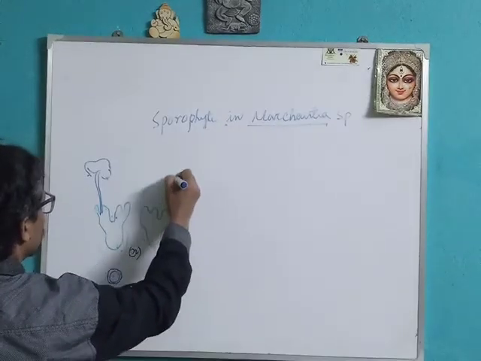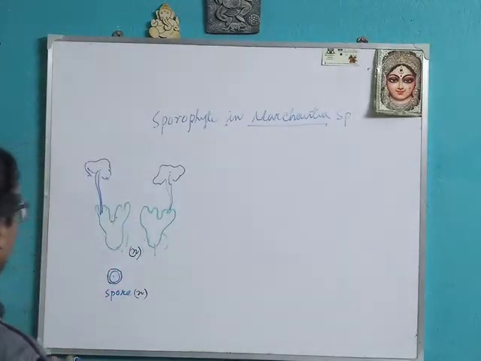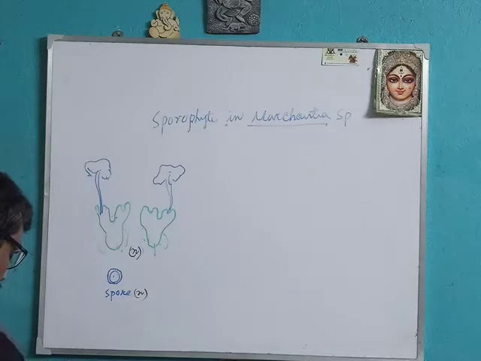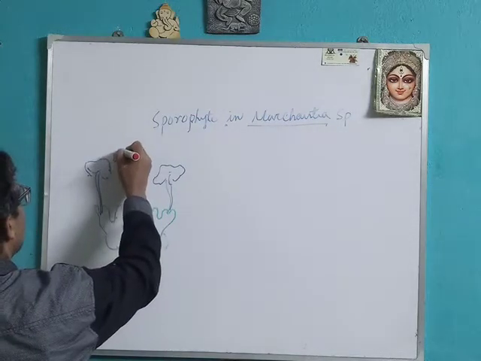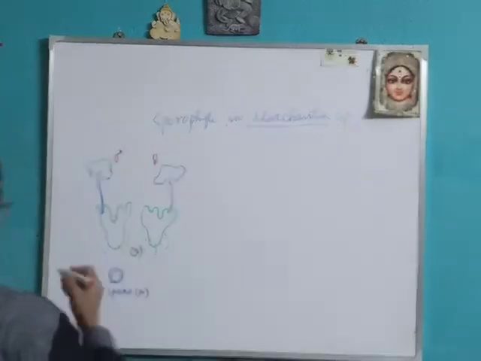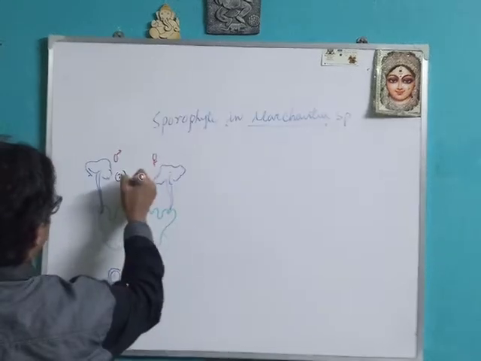If it is archegoniophore, it is a female plant body. All are haploid, but one bears antheridiophore and another bears archegoniophore, so they can be considered male and female plants. All are once again haploid in nature.